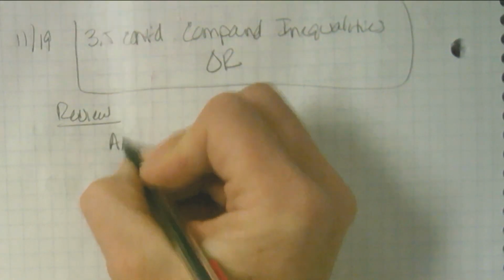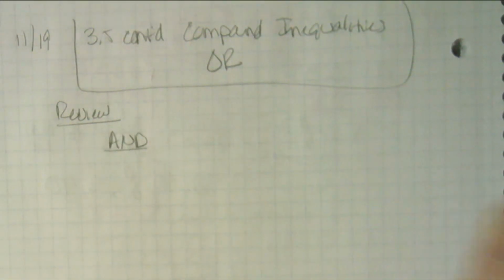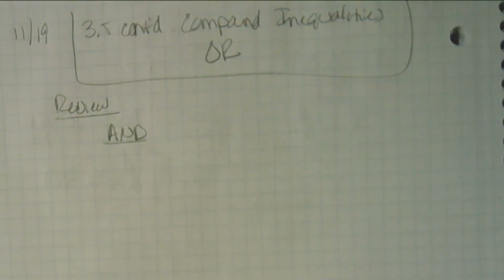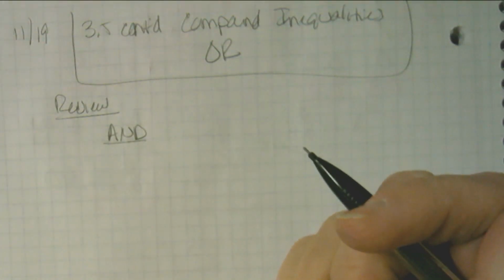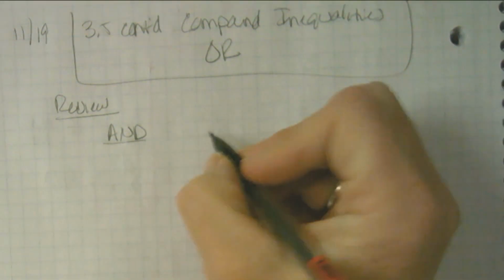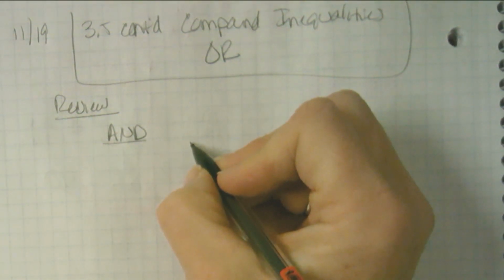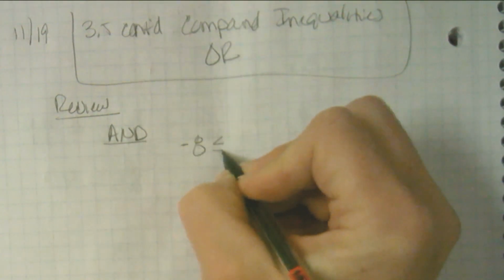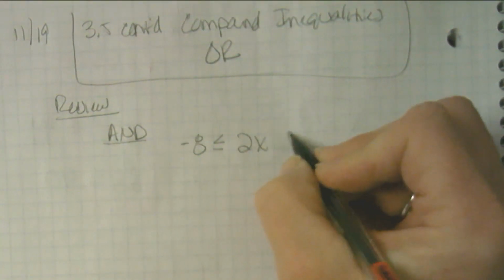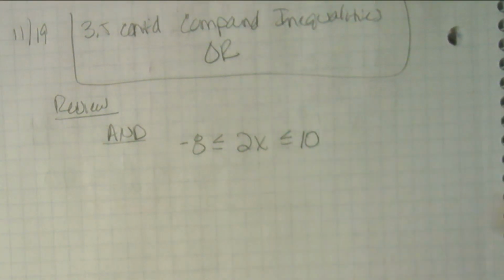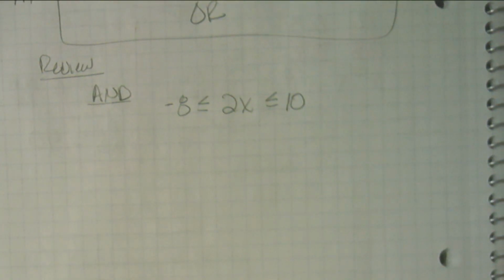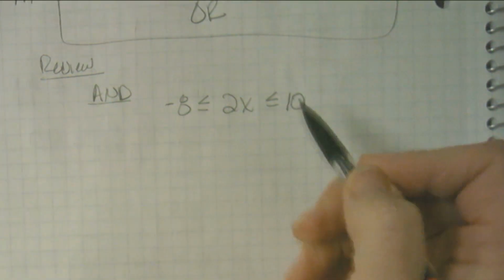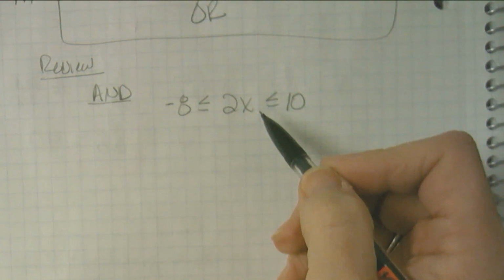When we have an and, it's going to look something like negative 8 is less than or equal to 2x, which is less than or equal to 10. All right, so this is what an and looks like.